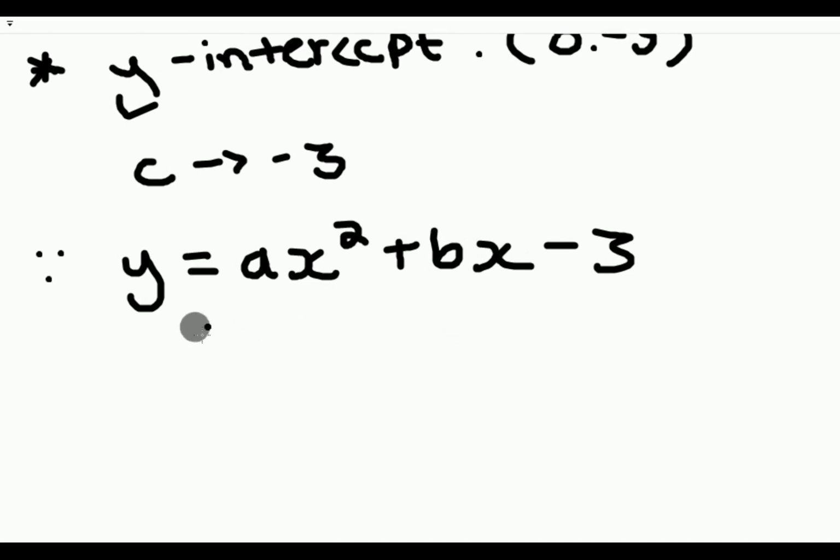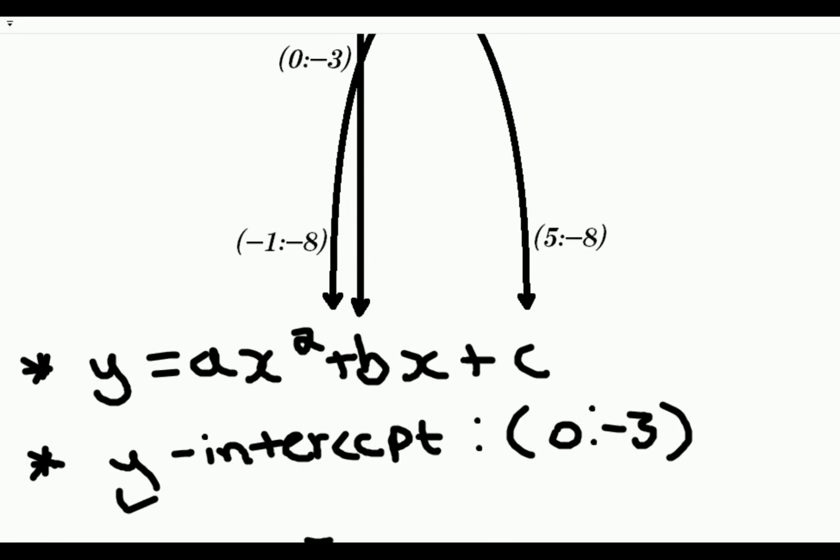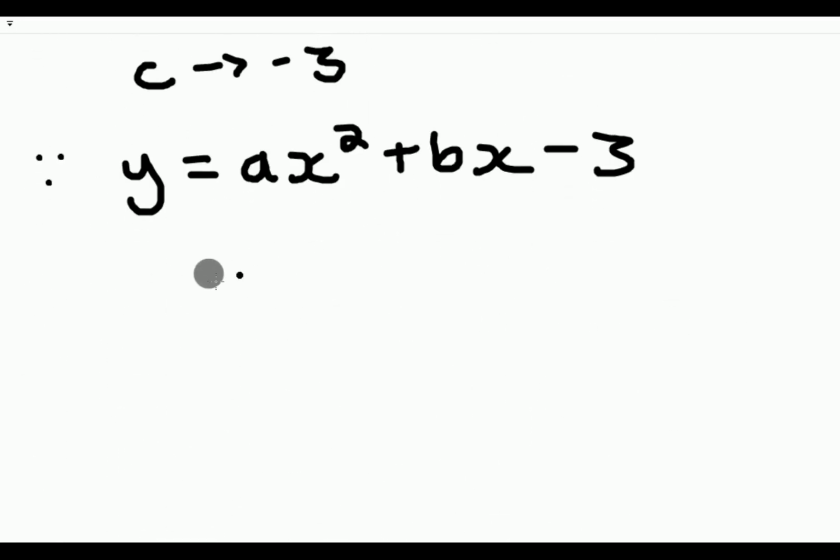So to find the other a and b, we are going to do it like this, using the first coordinate. The first coordinate that I'm going to pick up from our function will be (-1, -8). So using (-1, -8), these are the coordinates that we chose.